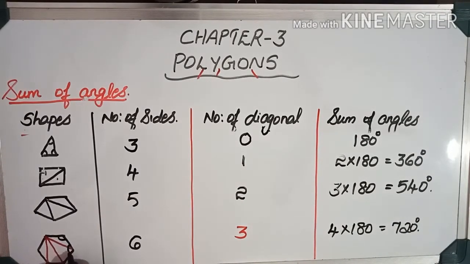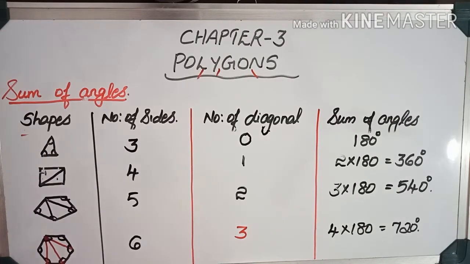All these 6 angles sum to 720 degrees, and here all these 5 angles sum to 540 degrees.